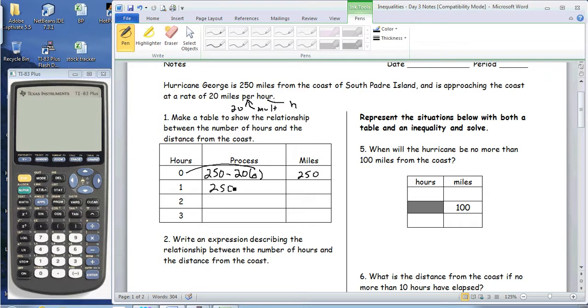At 1 hour, we figure it is 250, the initial position, minus 20 times 1. It's 230. 250 minus 20 times 2 hours. It's 210. 250 minus 20 times 3 hours is 190.